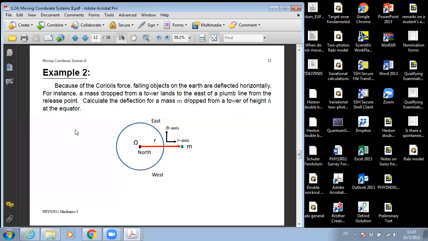Just don't look at your notes and try to work it out. I mean, don't look at the answers. You can look at the previous notes about Coriolis force and also centrifugal force.